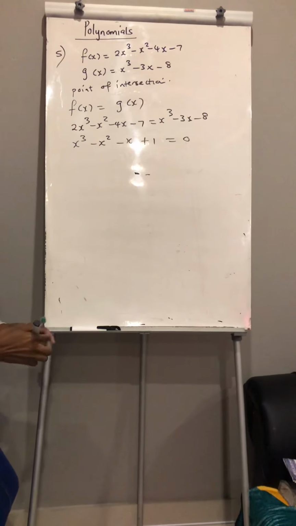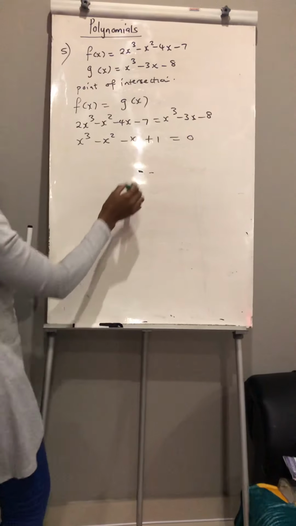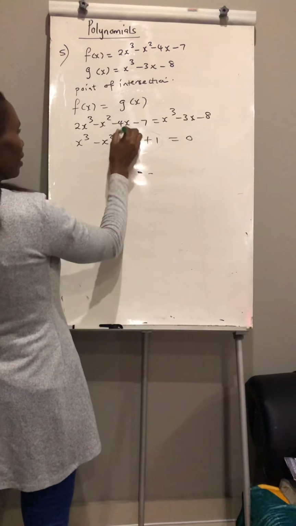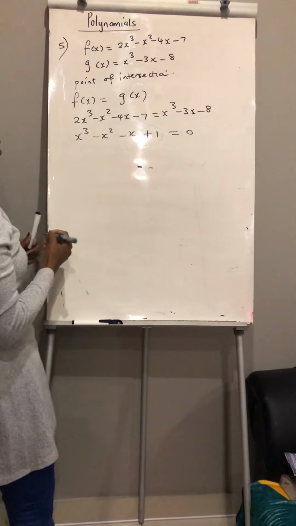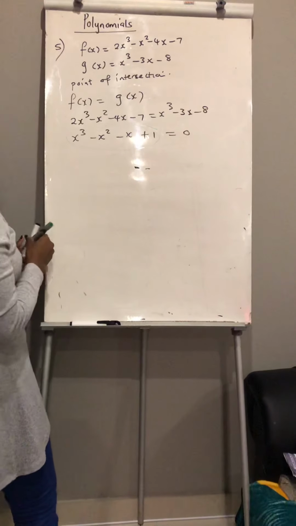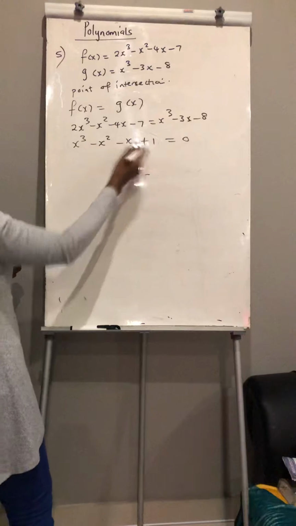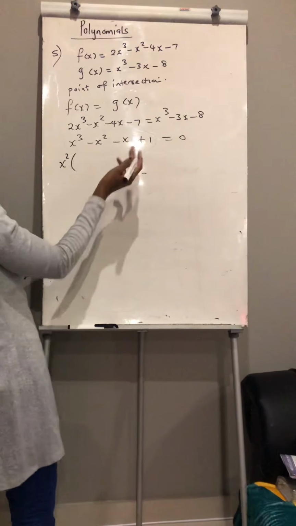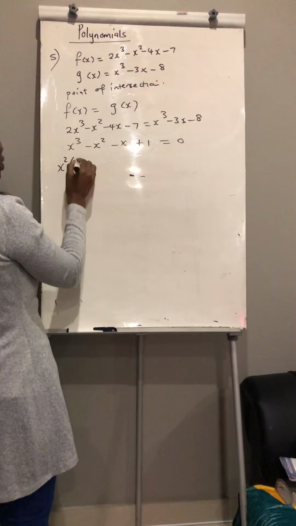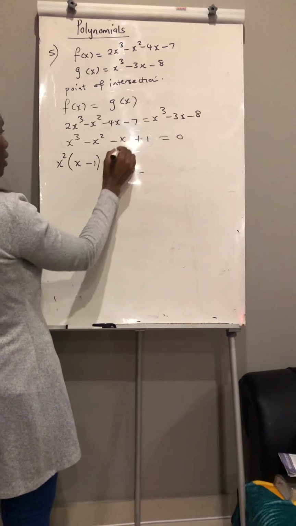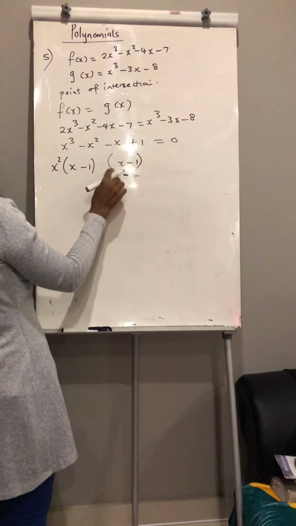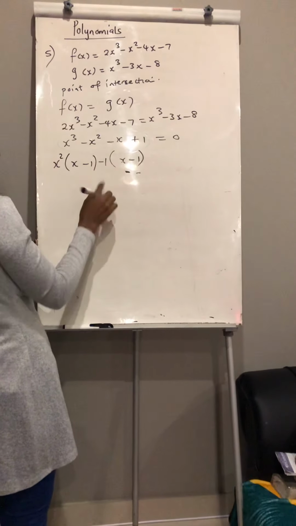So what you can do at this point is to change this whole thing to function of x. And then you factorize using the methods we're talking about. But in this situation, since it's looking very simple to factorize, I'm going to just use factorization. So I'll say x here minus 1. And since I'm factorizing by grouping, I can as well just repeat this bracket and take minus 1 there.